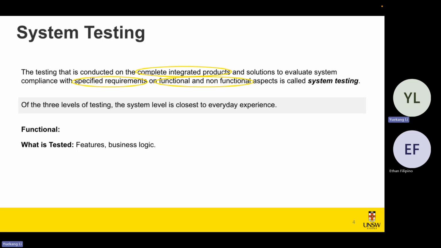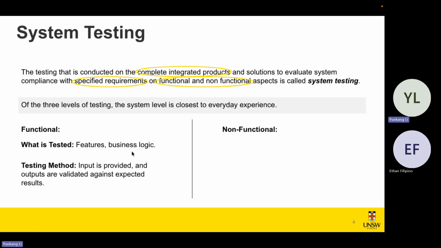So what is functional versus non-functional? For functional testing, the target we are testing is the business logic or the core features of the software. Normally we provide the input and check the output against some golden standard to check whether there is a bug or not. This is the functional aspect. However, the non-functional aspect is not the same as structural.